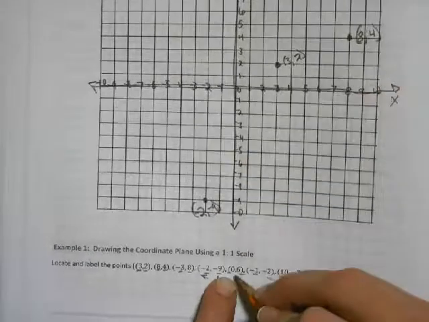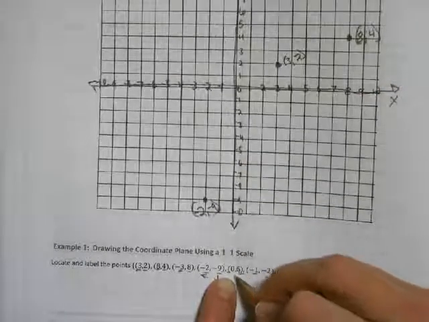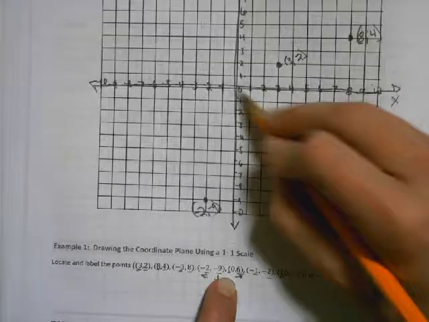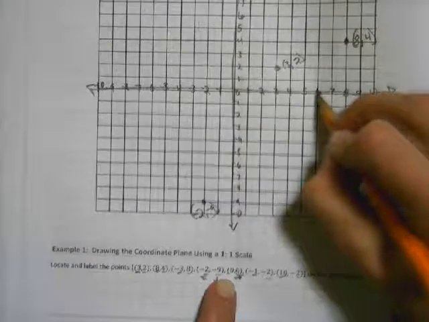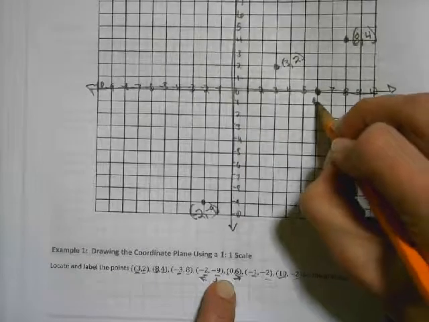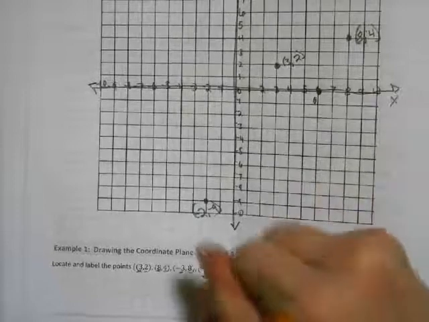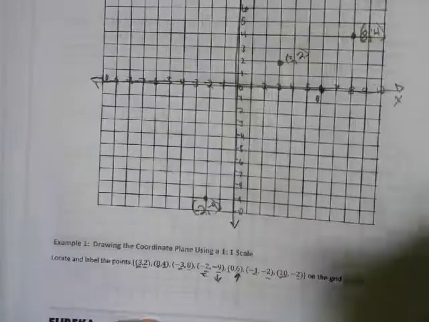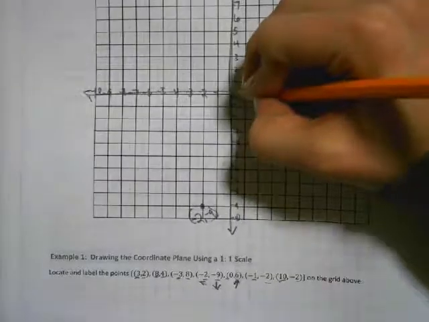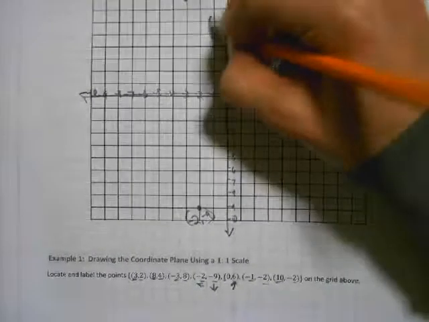And then I have 0, which means I do nothing, and then a +6, which means I go to the right 6. The second number is the positive, which means I have to go up. So 0, I go up there. This is 0, 6.